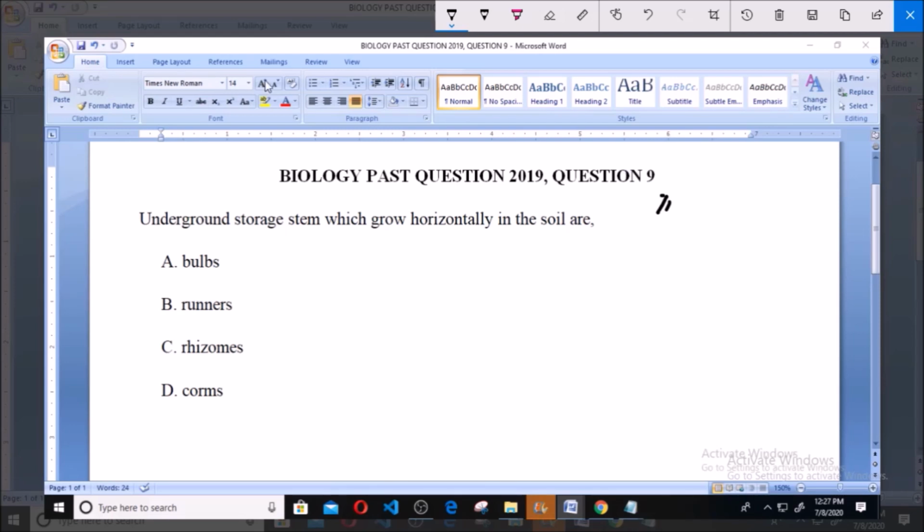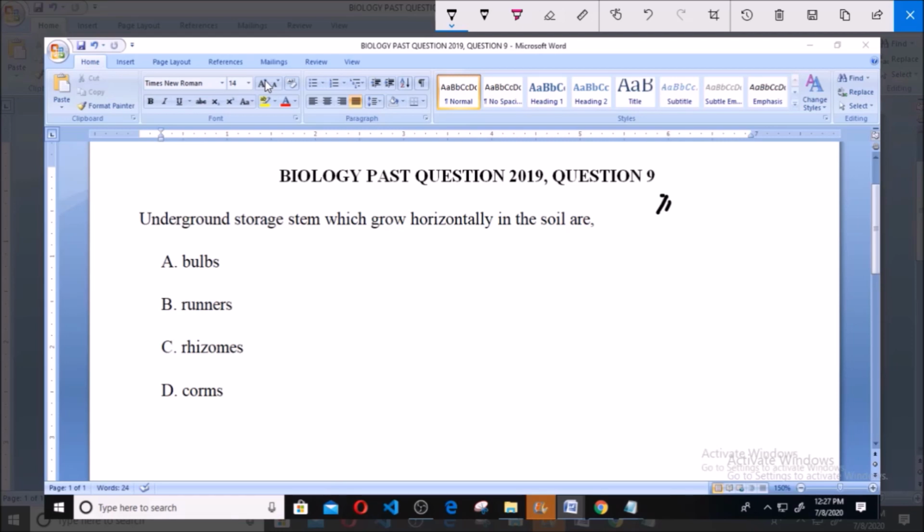A. bulb. Now, what is a bulb? Bulb refers to underground condensed shoots, and that's the keyword, underground condensed shoots. Now, these underground condensed shoots bear fleshy and scaly leaves, such as the onion.